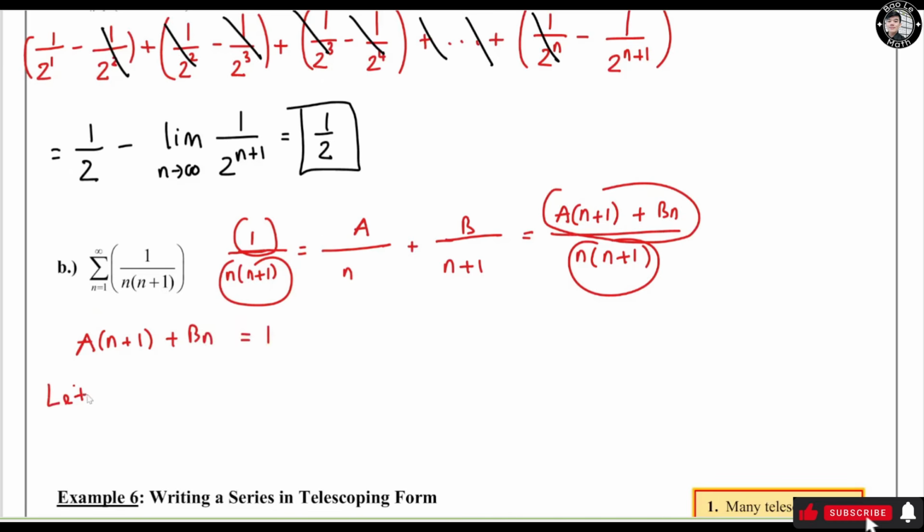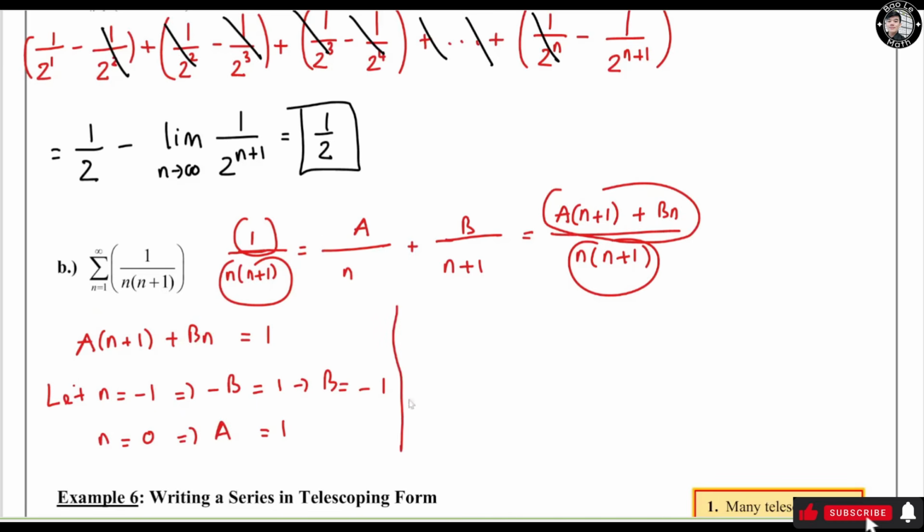I'm going to let n equal -1, right? And then this guy is gone, right? So you have b times -1 equals 1, then b equals -1, right? I'm going to let n equal 0, so this guy is gone, right? So I have a equals 1, right?